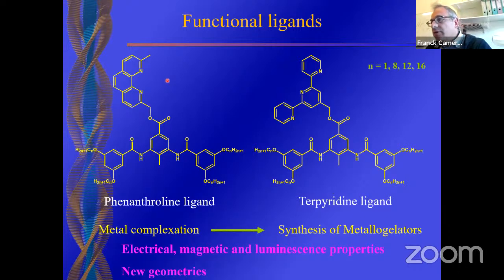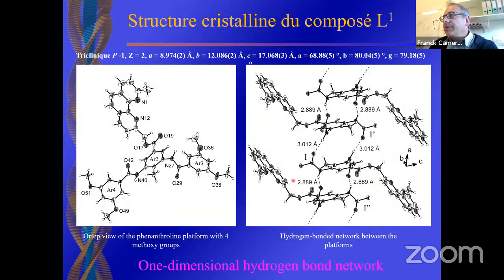And metallogelators are also interesting because you can add new properties inside the gel, such as electrical, magnetic, or luminescence properties. But you can also introduce new geometries. So I will show you what we obtain with this platform with the phenanthroline function.